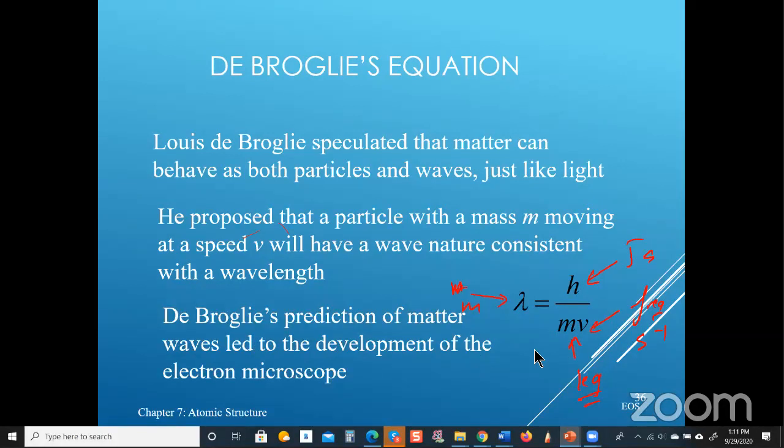And this was a very important development because this led to the development of the electron microscope, which is the most powerful microscope that has been created. This microscope is different from the optical ones because it uses a beam of electrons in order to illuminate and magnify microscopic objects.